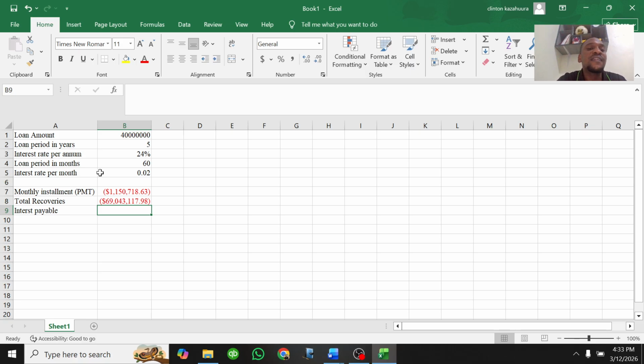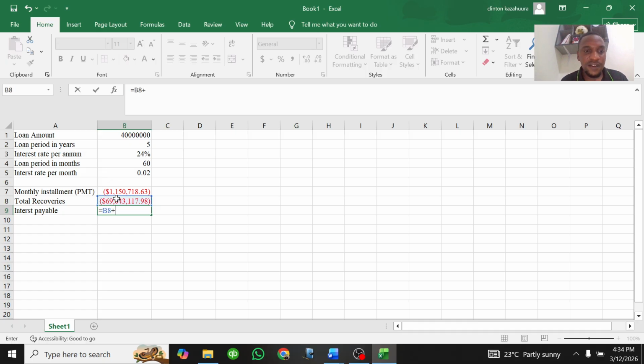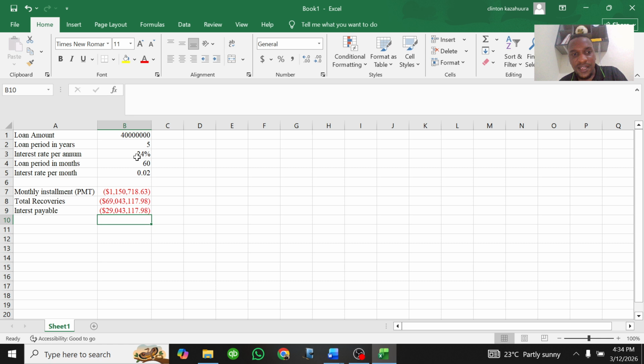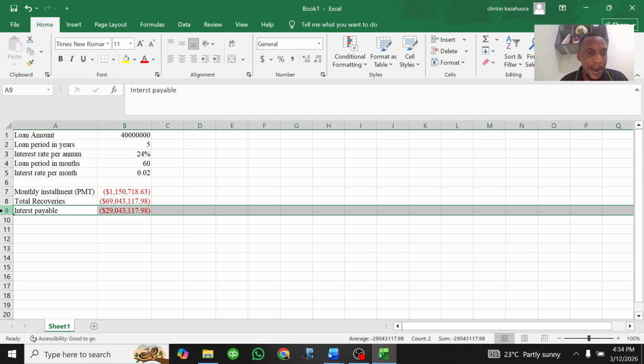Why you see all these things are in red and negative: in accounting, we mean that it is not yet payable. If it is a liability to us, it has to appear in brackets and in negative. So I'll say equal sign, this negative figure, then plus 40. The ideal is that I would have gotten 69 direct if it was not a negative figure, then I subtract the 40. I think that is okay. Now this is the interest payable.